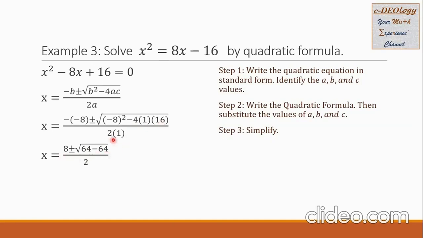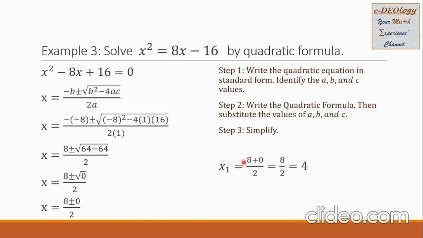All over the 2 times 1 is 2. You see here we have 64 minus 64, and that is equal to 0. So our radical now is square root of 0, and when we simplify the square root of 0, it's simply 0.